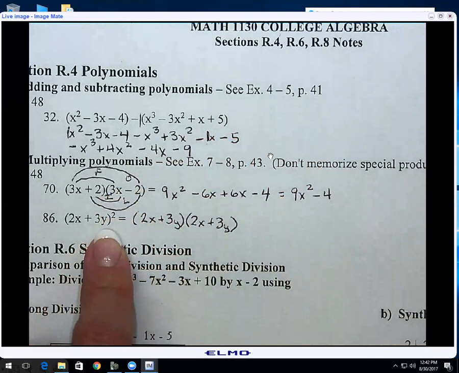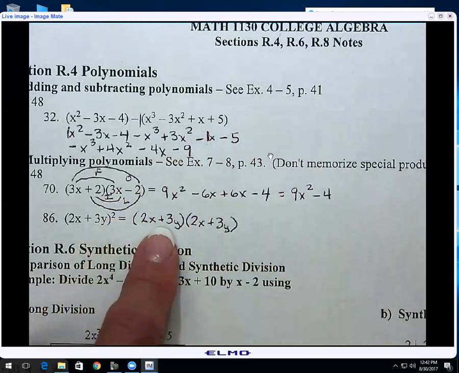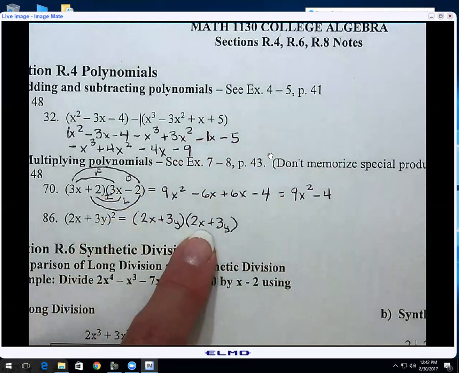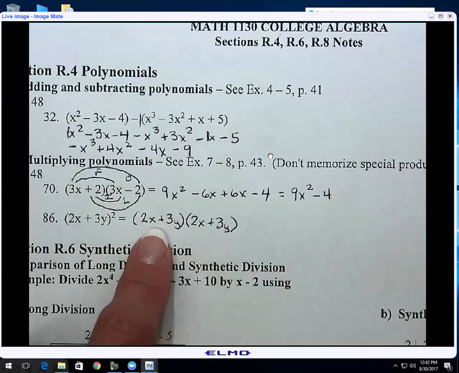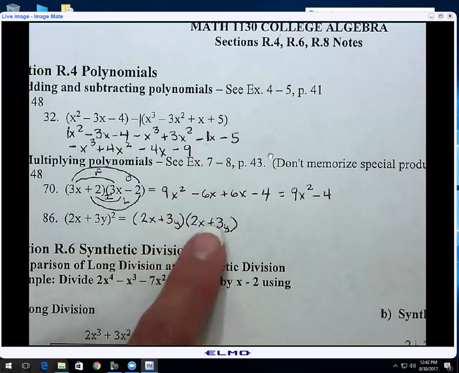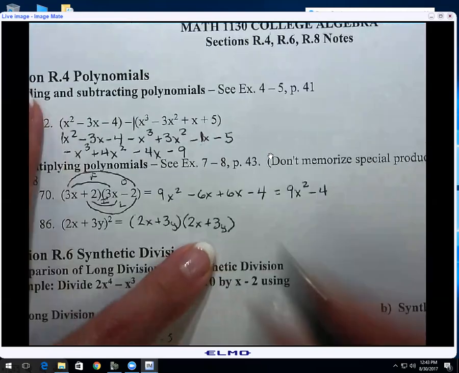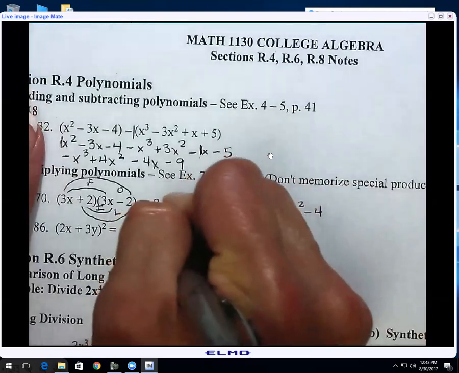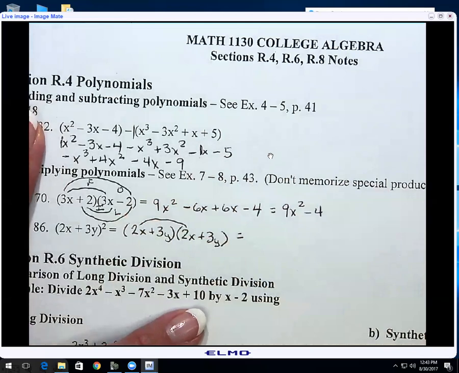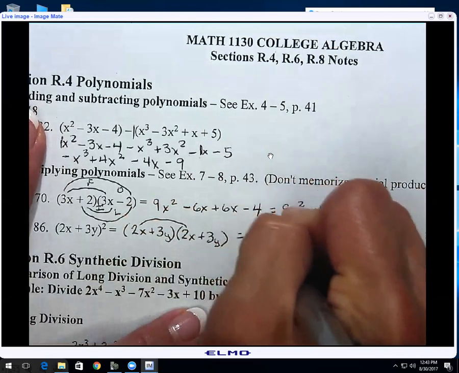Let me try again. I've seen folks write 2x plus 3y times 2x minus 3y, but that's not what squaring means. If you write this down correctly and then FOIL it, you'll get the right answer without memorizing a formula. First would give you what? 4x squared.